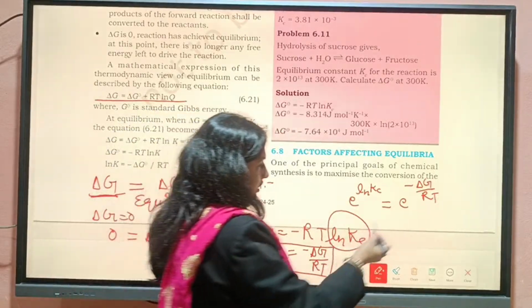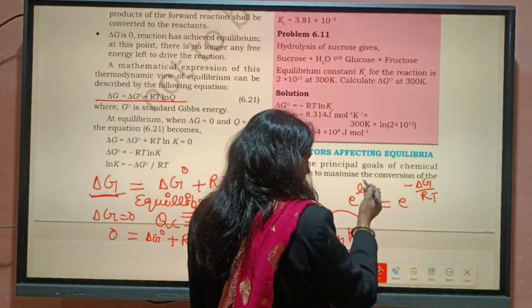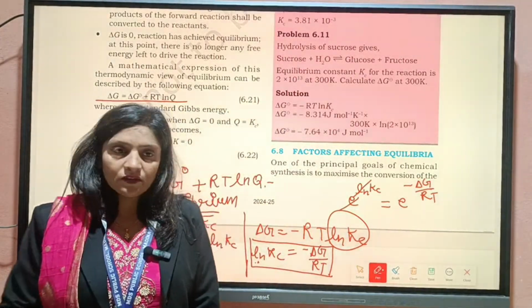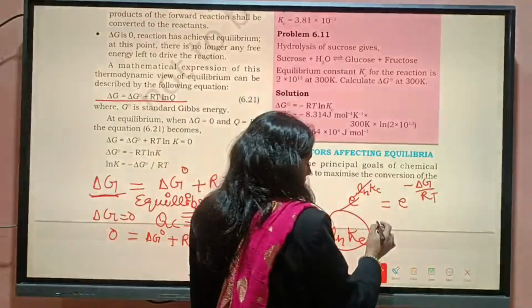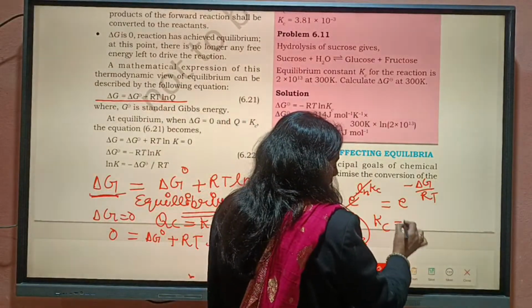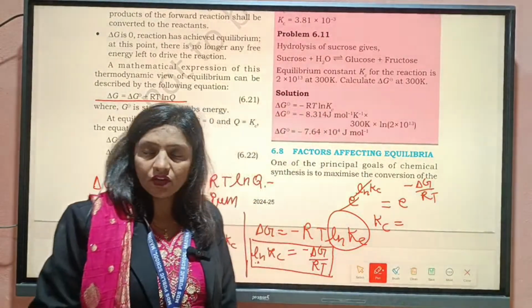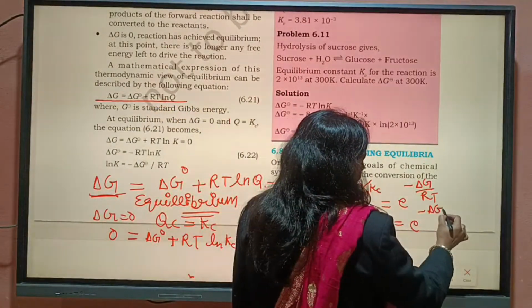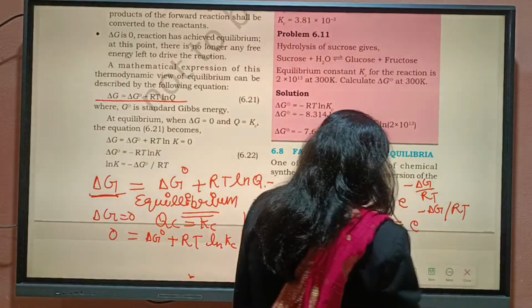Then this exponential and logarithm cancel each other. After cancelling, what will happen? Kc is equal to e raised to power minus del G by RT.